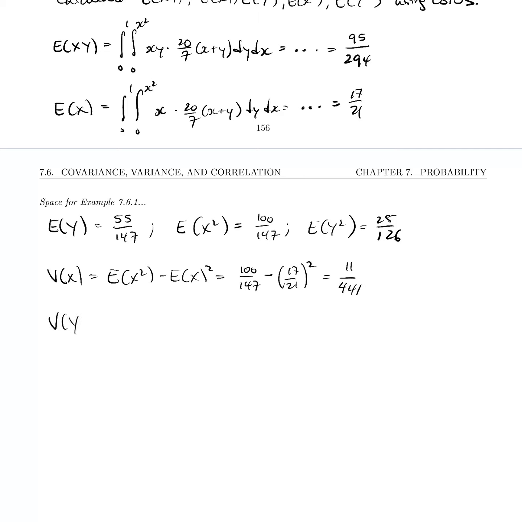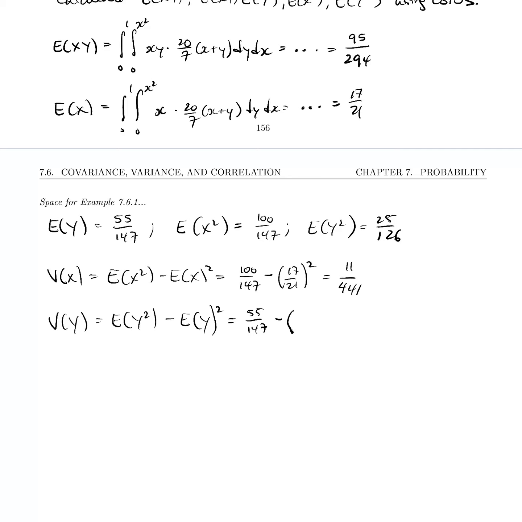Variance of y, and so that's E of y squared minus E of y all squared. E of y is 55 over 147. E of y, that was E of y squared, I'm not sure what I said. E of y is, oh no, I took the wrong value. E of y squared is 25 over 126.